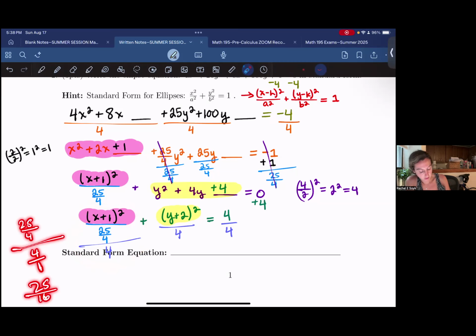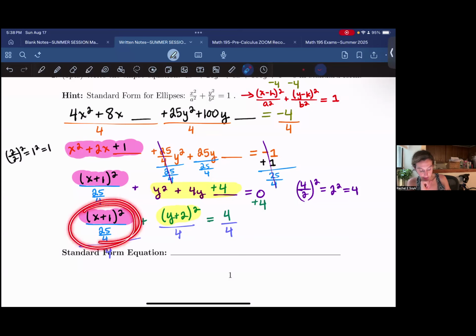Let me just make sure I did that correctly. Yeah, I did that incorrectly. So let's first simplify this top part. When you keep change flip your x plus 1 squared, it's going to look like x plus 1 in parentheses squared over 1 times 4 over 25.